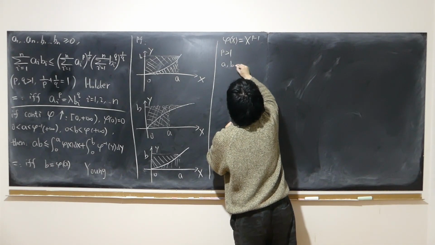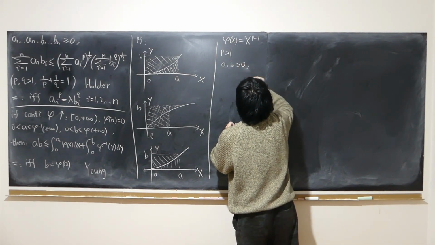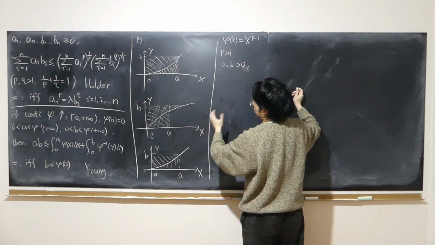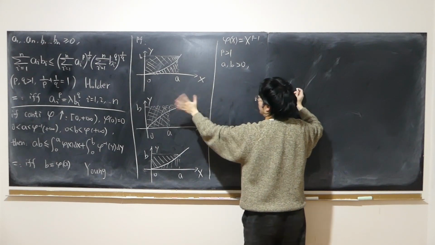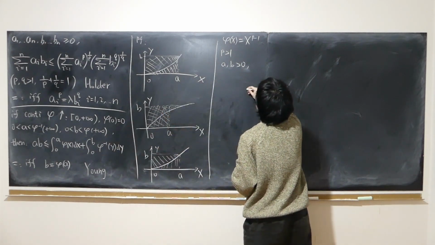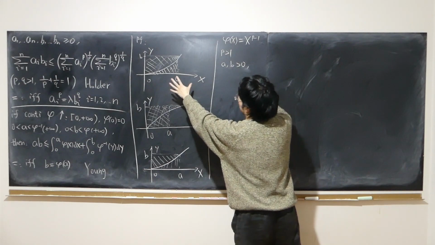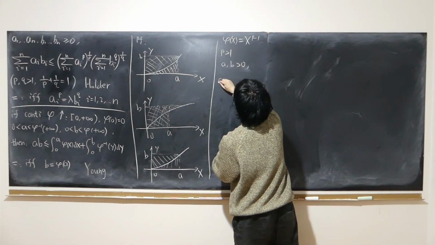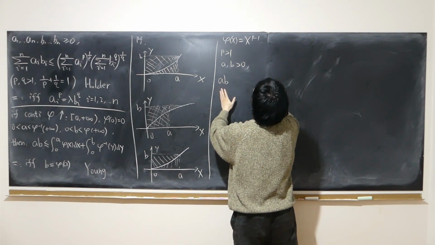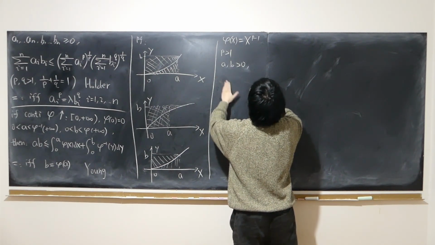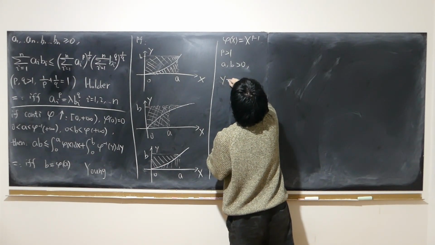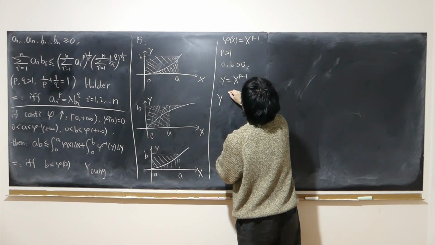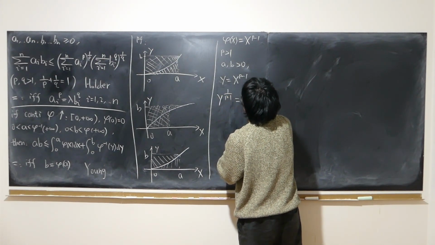And so I'm going to choose A and B constants bigger than 0. Of course, there is no asymptote whatsoever, so we're fine. Don't have to worry about that. So in this case, according to Young inequality, I have A times B, and of course, I have to calculate the inverse function. So y equals x to the power of p minus 1. The inverse function: y to the power of 1 over p minus 1 is equal to x.